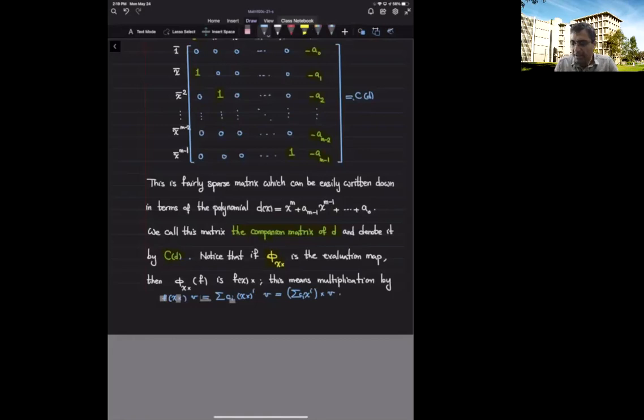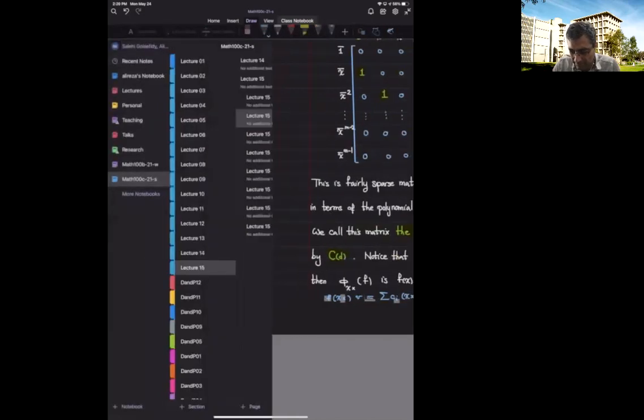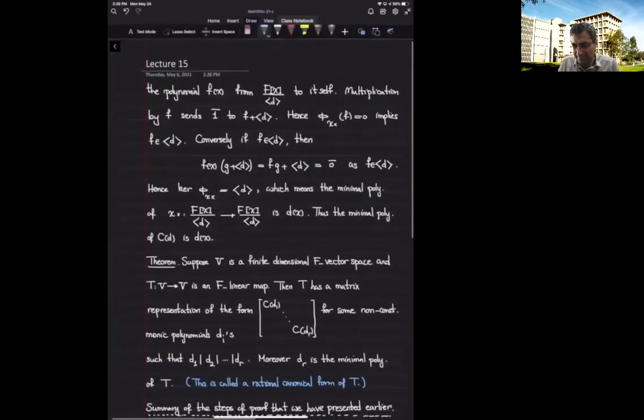So evaluating the polynomial f at multiplication by x is the same as multiplying the polynomial f(x) by the module element. This is going to be 0 if and only if multiplication by f, multiplication by x from this module to itself, sends everything to 0. In particular, multiplication by f is supposed to send the constant function 1 to 0, but that means that this is supposed to be 0.